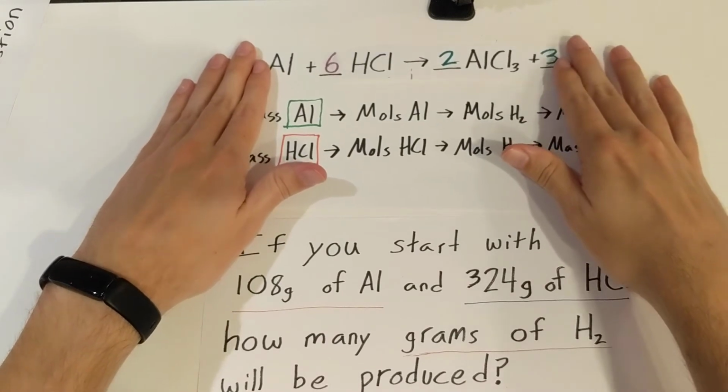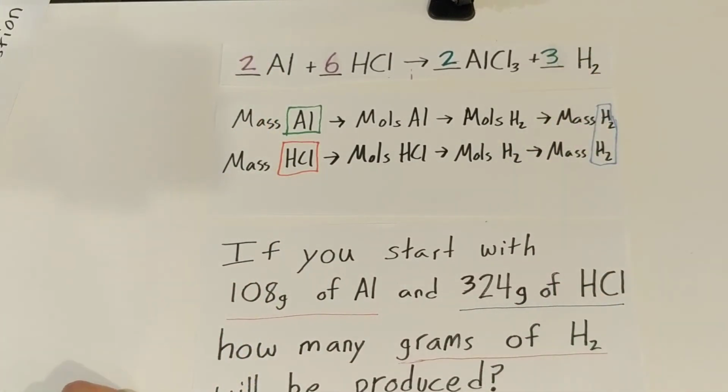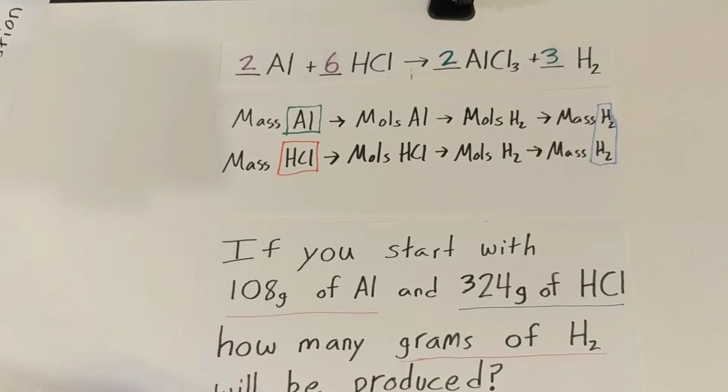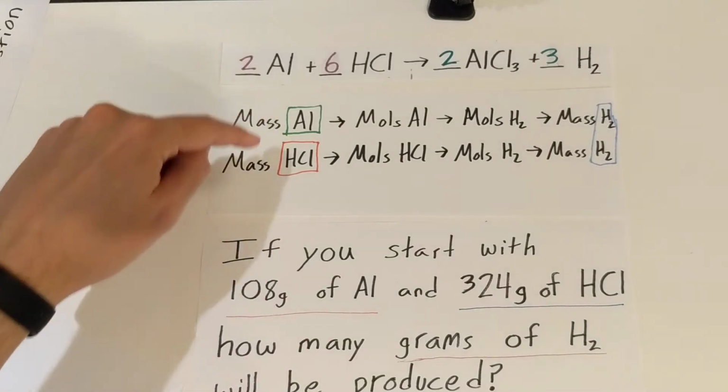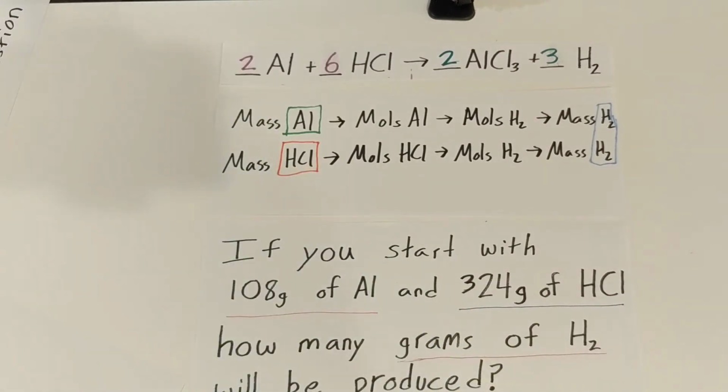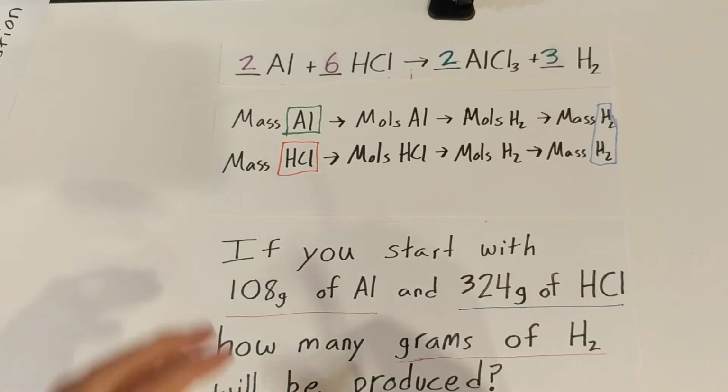Because we want to use the numbers here to help us out. So when we're starting with our masses, we are going to be starting with 108 grams of aluminum.